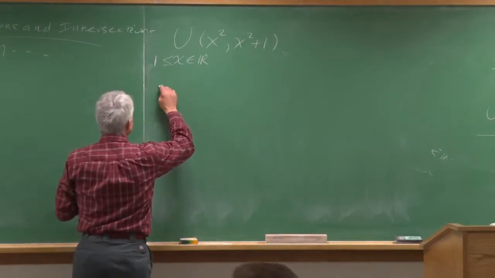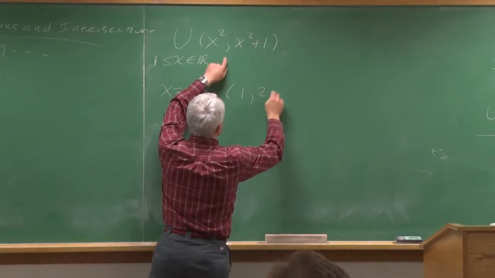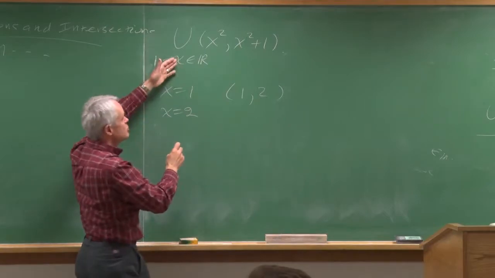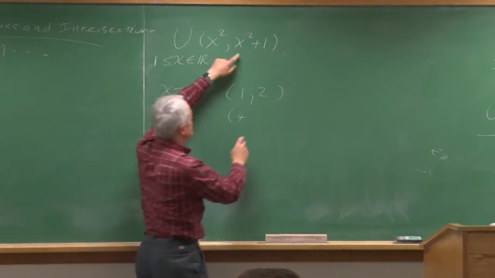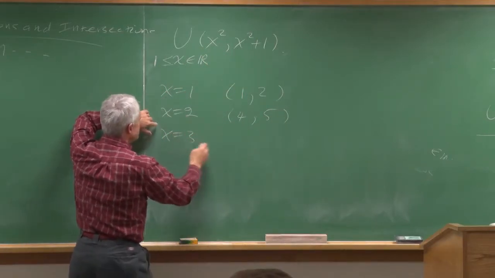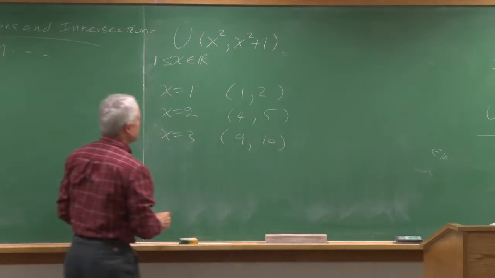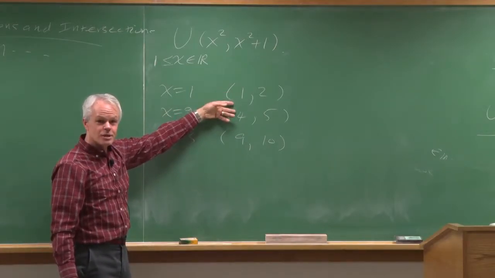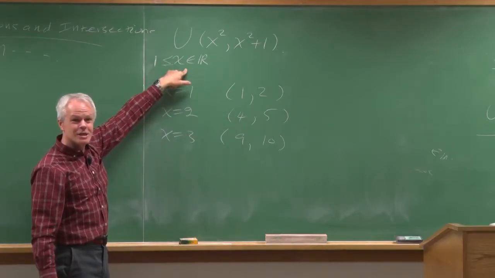So I can pick x equals 1, and I get the interval from 1 to 1 squared plus 1. I can pick x equals 2, and I get 2 squared, 4, and then 4 plus 1. And I can pick x equals 3, and I get 9 to 10. Okay. And maybe it looks like I'm leaving out numbers between 2 and 3. But it's important to realize this says x can be any real number.